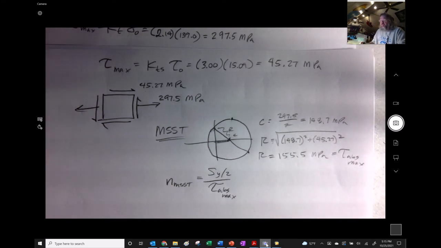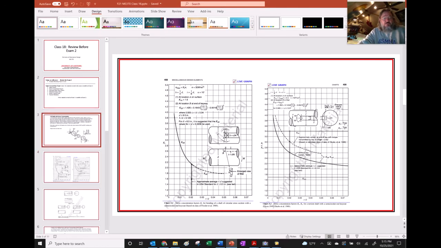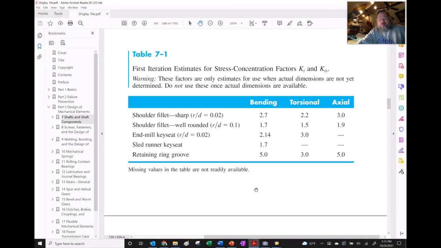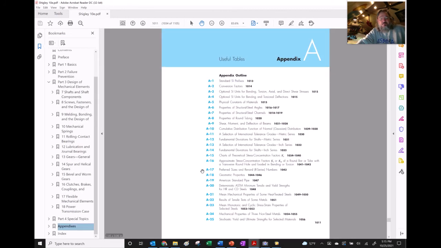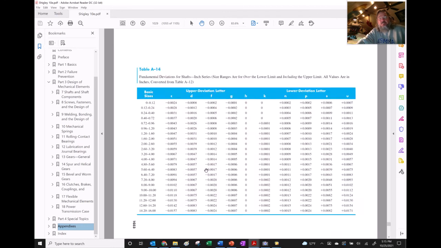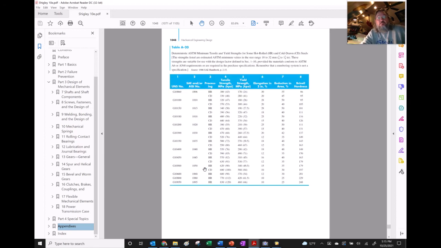I think in the original problem, as we were looking this up here, we said something about being 304 stainless steel. So we could look that up in Shigley in the back of the book. We have some stainless steel somewhere.